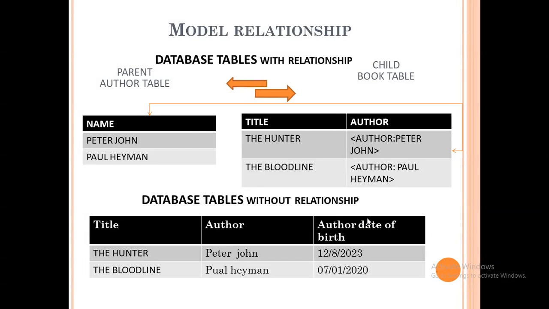Now, when we want to add data to the book table, we keep typing the same author name and the same author date of birth for every book they write. So what if they have thousands of books? We can't keep doing the same thing over and over again, typing in the author name and author date of birth. That's too stressful.